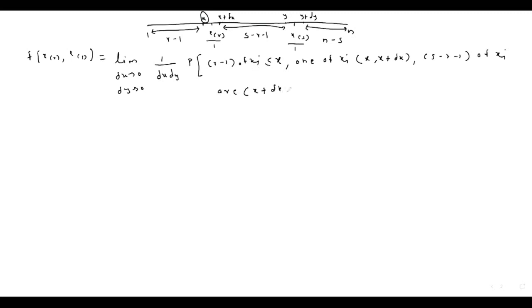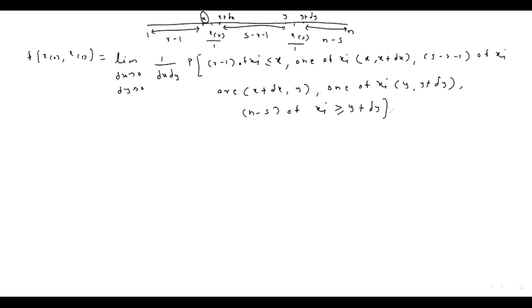Then again I have one value in between, 1 of the xi is in between y to y plus delta y. This value is nothing but my x_(s). Then again what I have? n minus s of the xi. So this region, n minus s of the xi are greater than or equal to which value? y plus delta y. Okay.